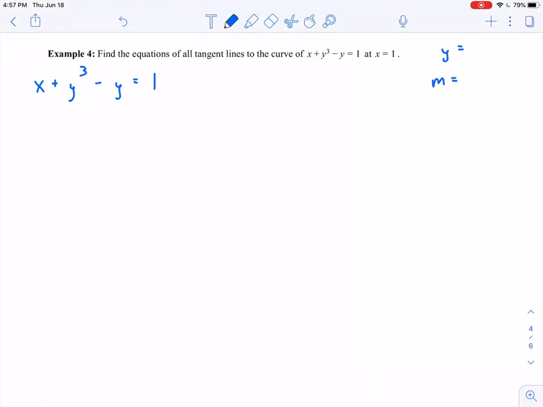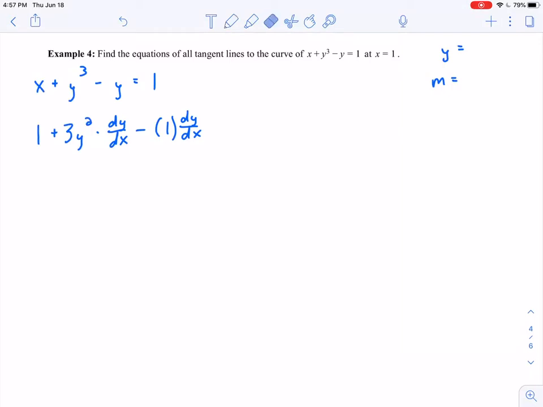So the derivative of x is 1, plus the derivative of y cubed, that is 3y squared, for my chain rule, times the derivative of y, we'll say dy over dx, because remember y is a function of x. Minus the derivative of y, that's 1 times dy over dx, times dy dx for our chain rule.